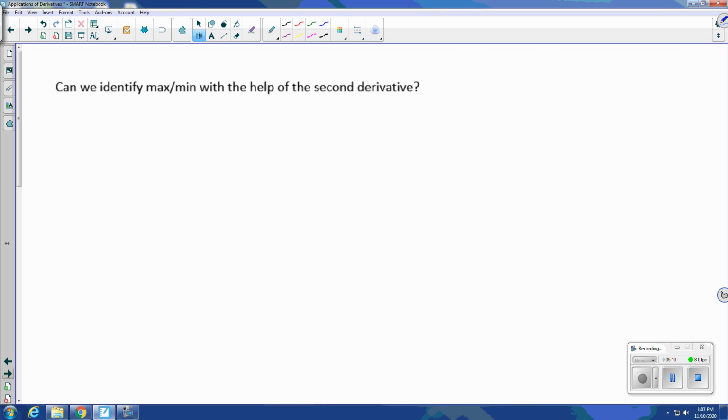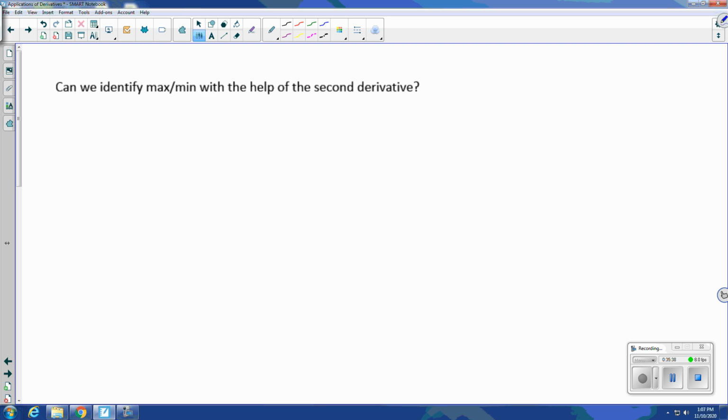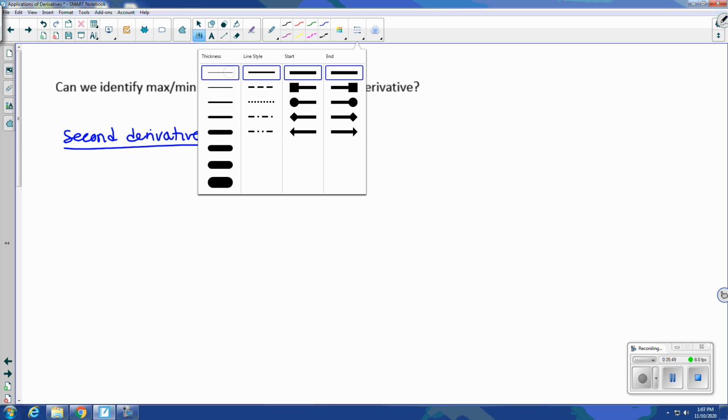Now that we know we can identify where the function bends based on the second derivative and analyzing the concavity, along with the fact that we can identify where potential extreme values are using critical points of our first derivative, we can combine the two to come up with the second derivative test to help us identify maxes and mins. So the second derivative test requires you to do the following.